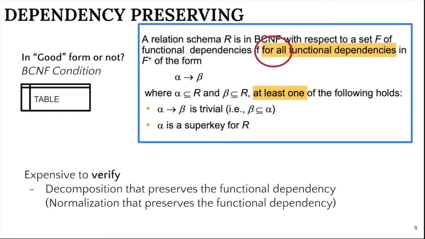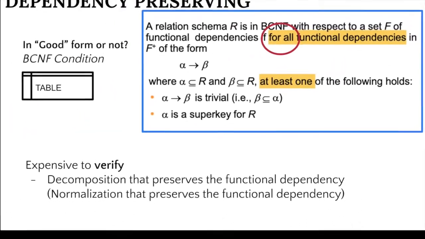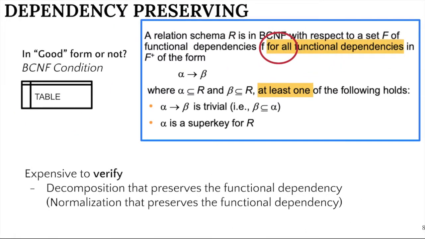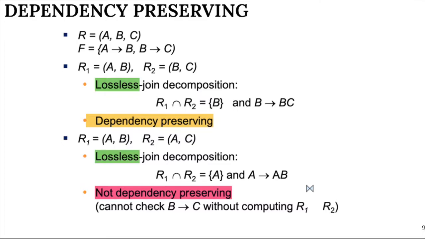That is, at least one of these is correct. So, verifying whether a particular table is in good form is expensive. What we need to do is to identify a decomposition such that no matter how you decompose, the functional dependency still holds. There are several types of decomposition that, even if lossless, are not dependency preserving. So, I will give an example in this slide.